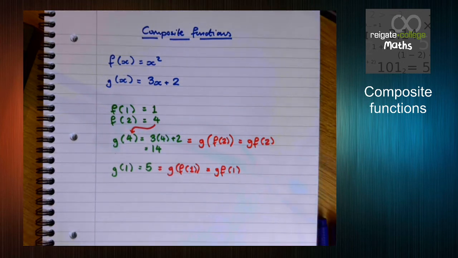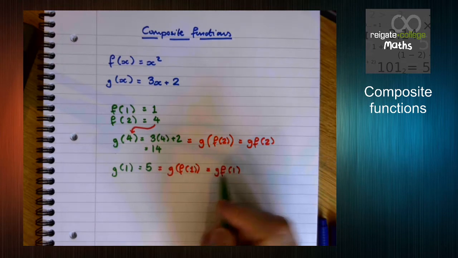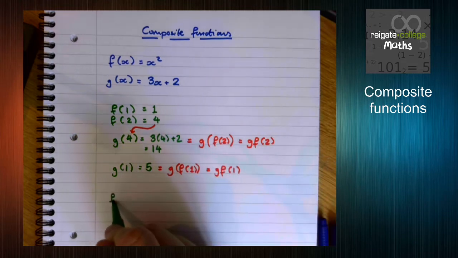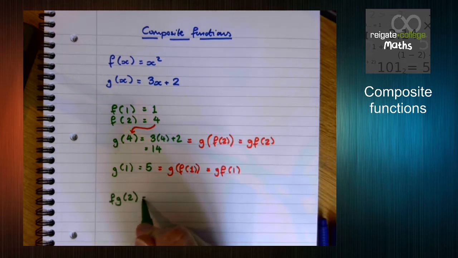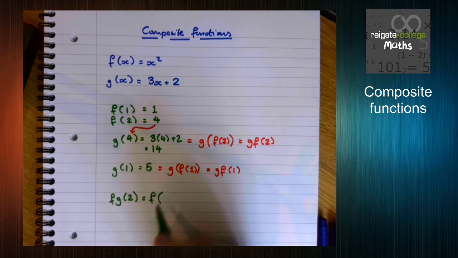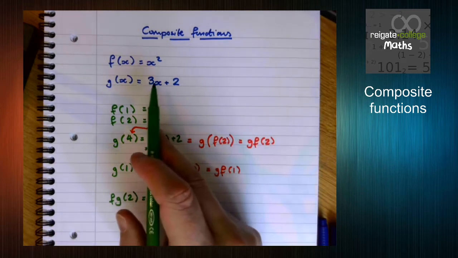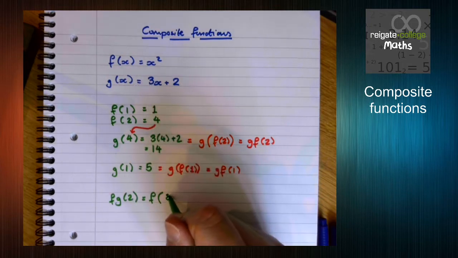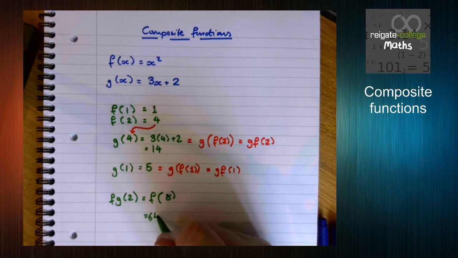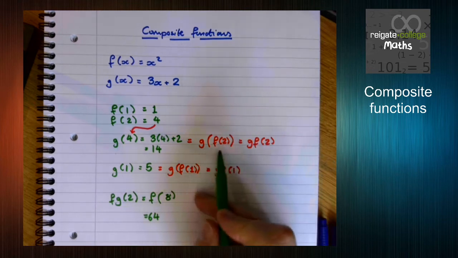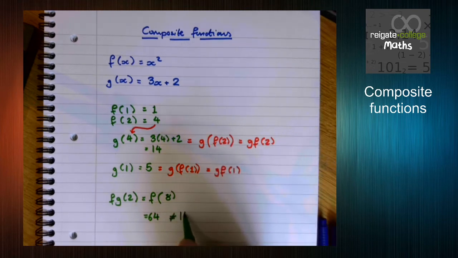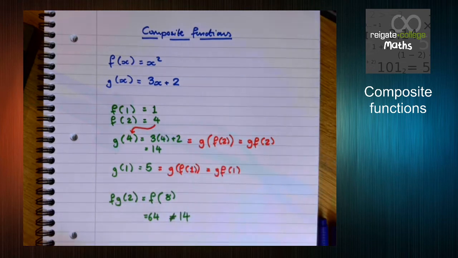But what if we do it the other way round? We've done gf of 2, so let's think about fg of 2. Well, this is f of g of 2. If we put 2 in here, we get 8. So there's f of 8, which is 64. This is not 14. Hopefully I don't have to tell you that.